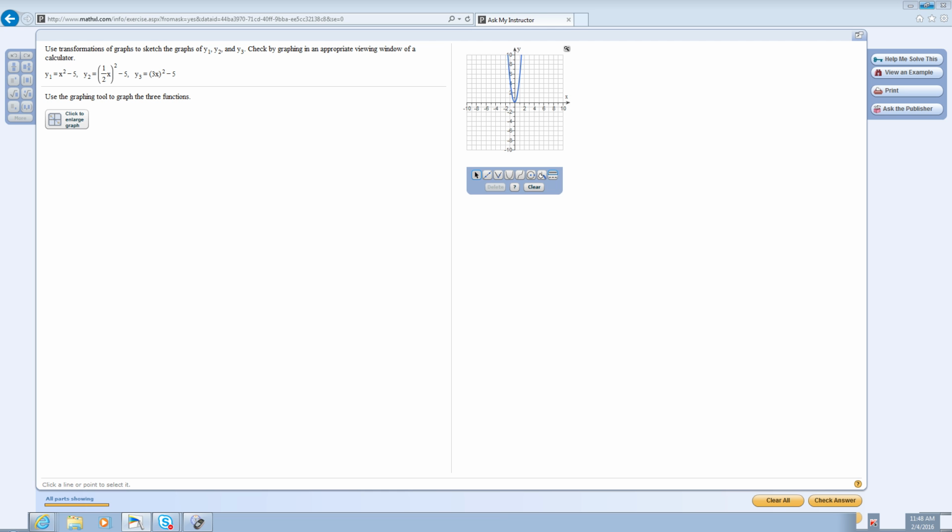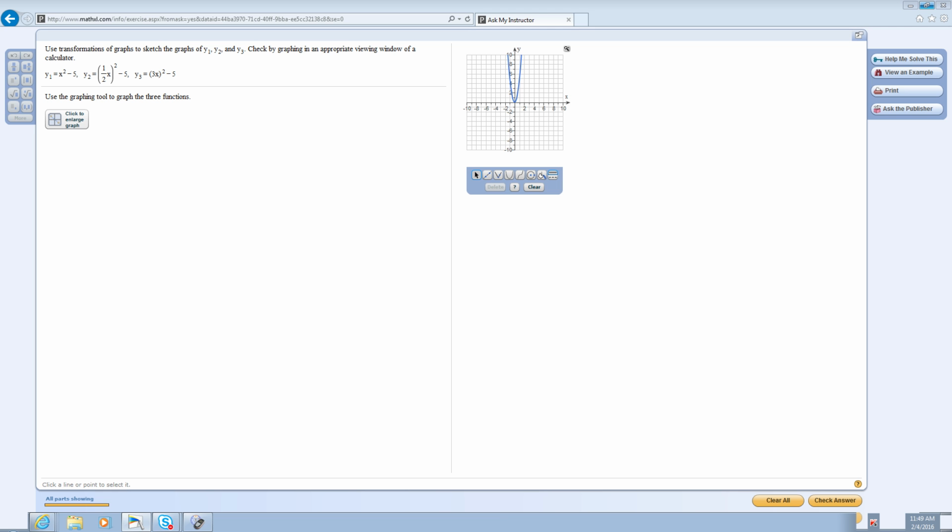Now, we'll color this one blue. And tell me what's going on here. Well, do you have a vertical shift of negative 5? Yes. So it's right here. Okay, there's your vertical shift of negative 5. So it's the same. But this guy right here is between 0 and what?